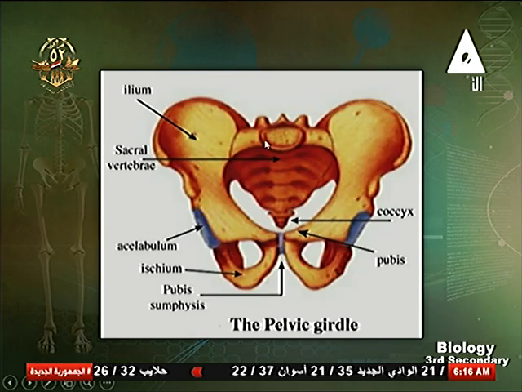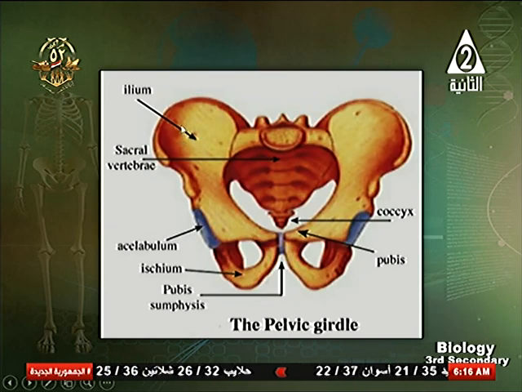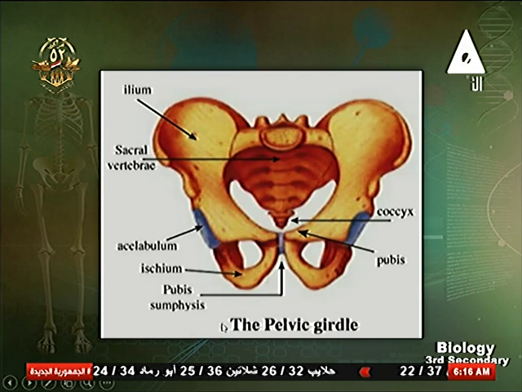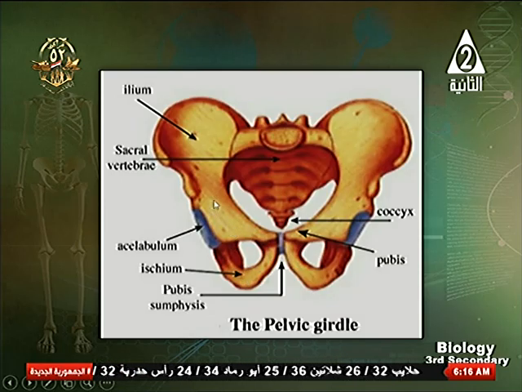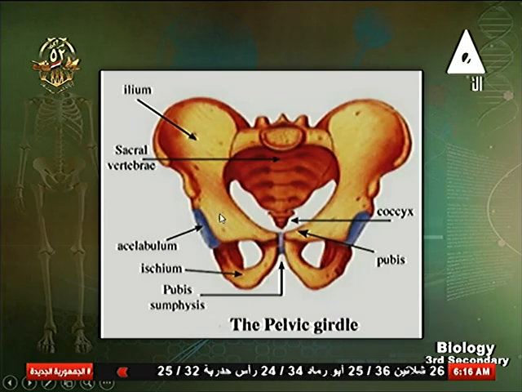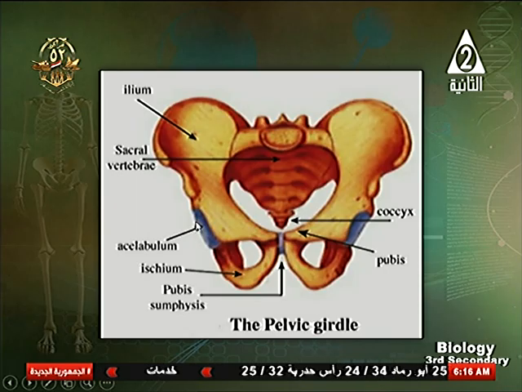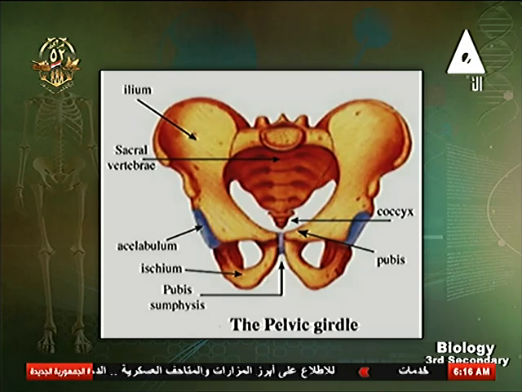At the position of attachment of these 3 bones, ilium, ischium, and pubis, there is a deep depression, such as the depression present in the scapula at its pointed end to form the shoulder joint.